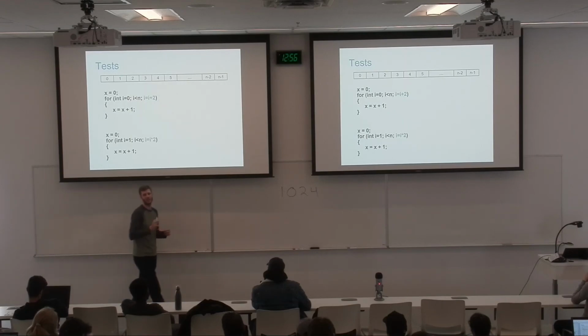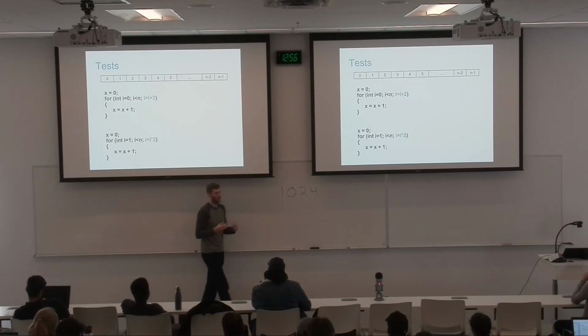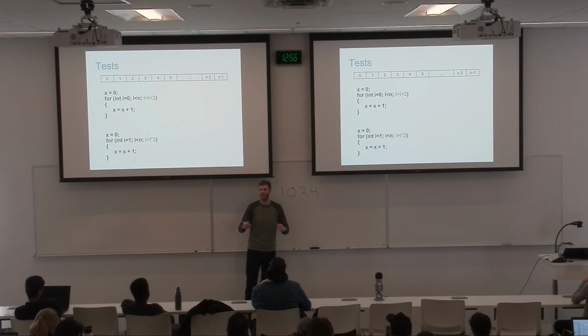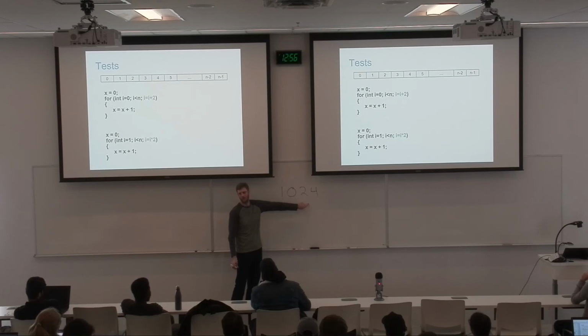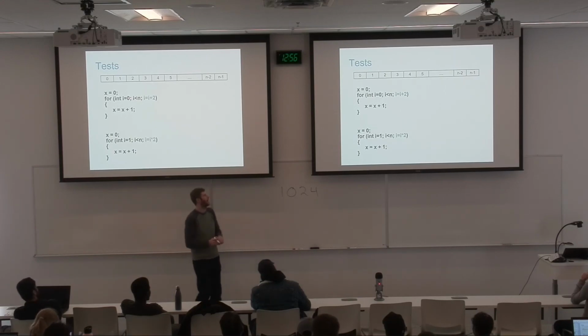Let's say this was linear, and this loop just incremented by 1 every time, how many times would this run? 1,024, of course. Now, let's say we're doing this multiplied by 2 every time, and I start at 1.